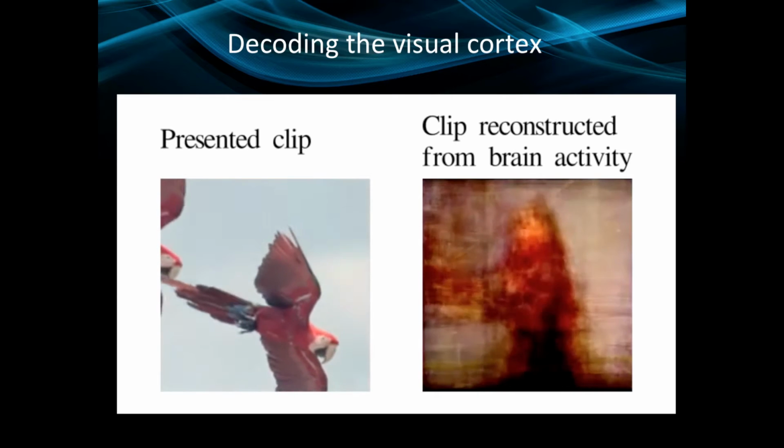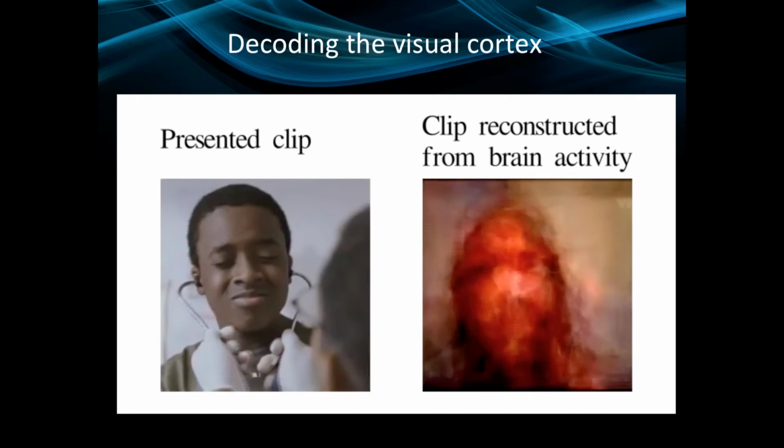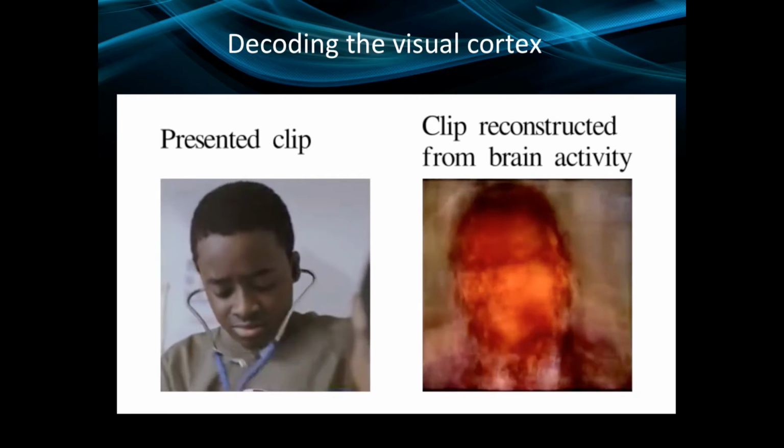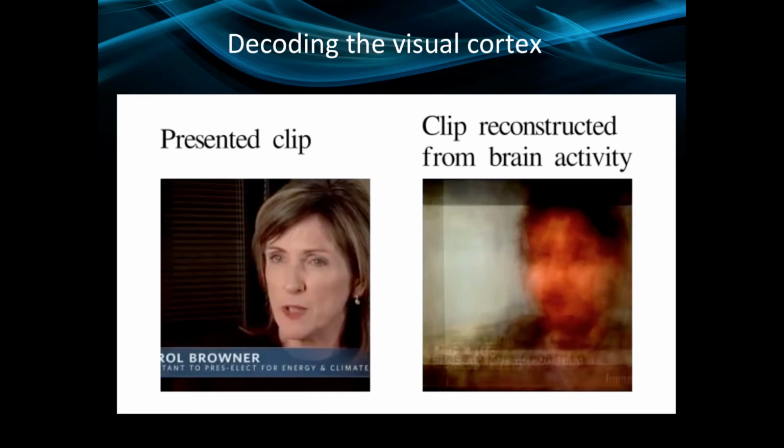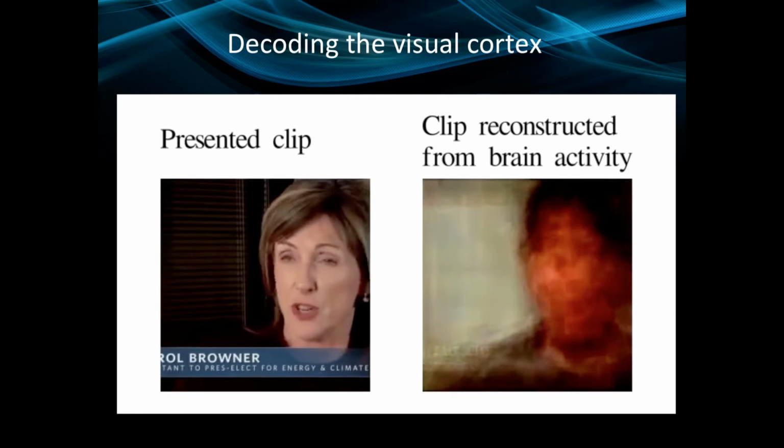And then the computers reconstruct what they're looking at from this training set, which was knowledge of the fMRI data and knowledge of what they're looking at. And so you can see it's not very high resolution. fMRI is a very low resolution imaging system. It's basically 128 voxels by 128 voxels with the voxel size of about 2 to 3 millimeters. But still, it's pretty exciting. I mean, this was quite novel.